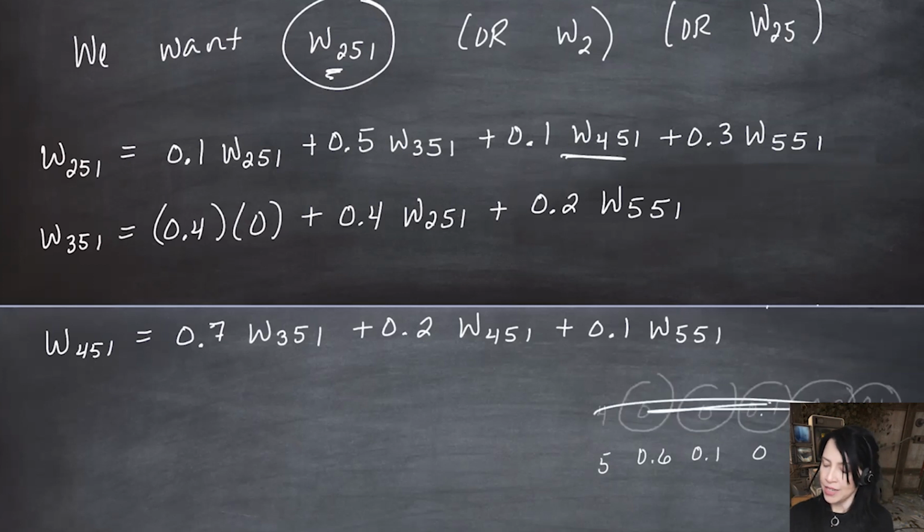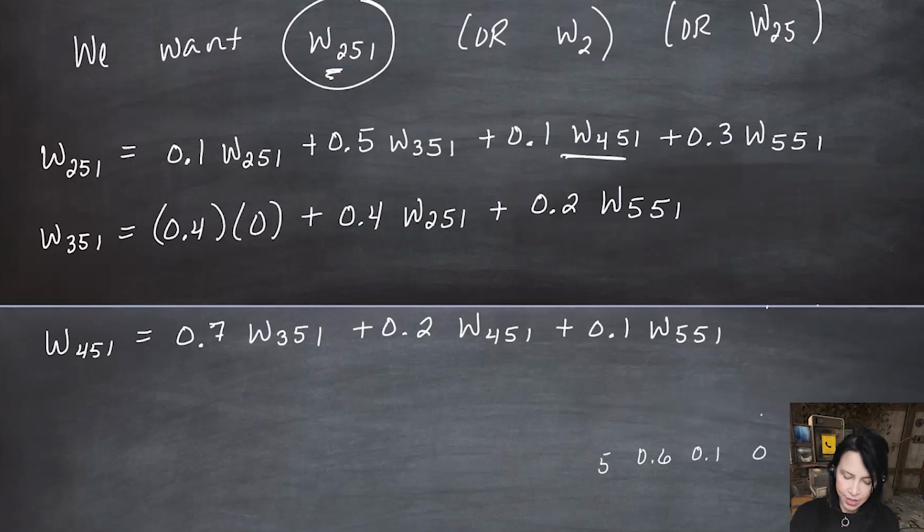And the next equation is a little bit different than the others. We want something for W551. This says starting at 5, I want to count the number of hits on 5 before the chain ultimately stops when it hits state 1. And we already have one. We're counting hits on 5.